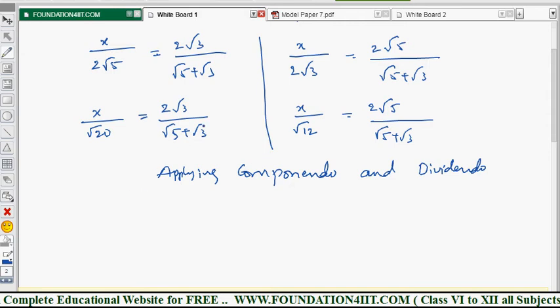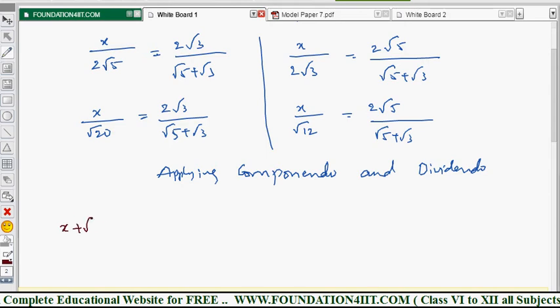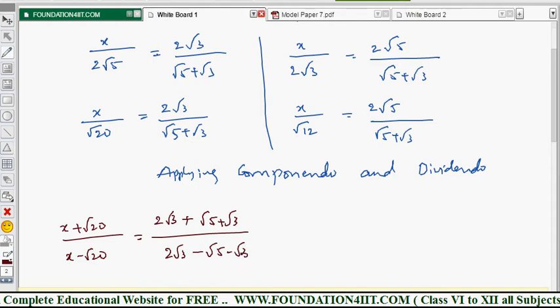In that way we can take both statements. One is x plus root 20 by x minus root 20 is equal to, from numerator plus denominator, 2 root 3 plus root 5 plus root 3 by 2 root 3 minus root 5 minus root 3. Let it be equation 1.